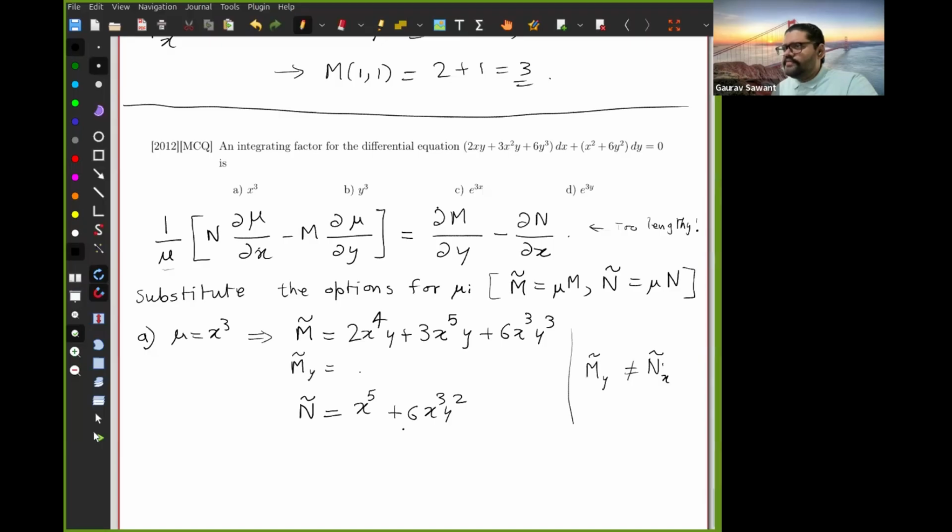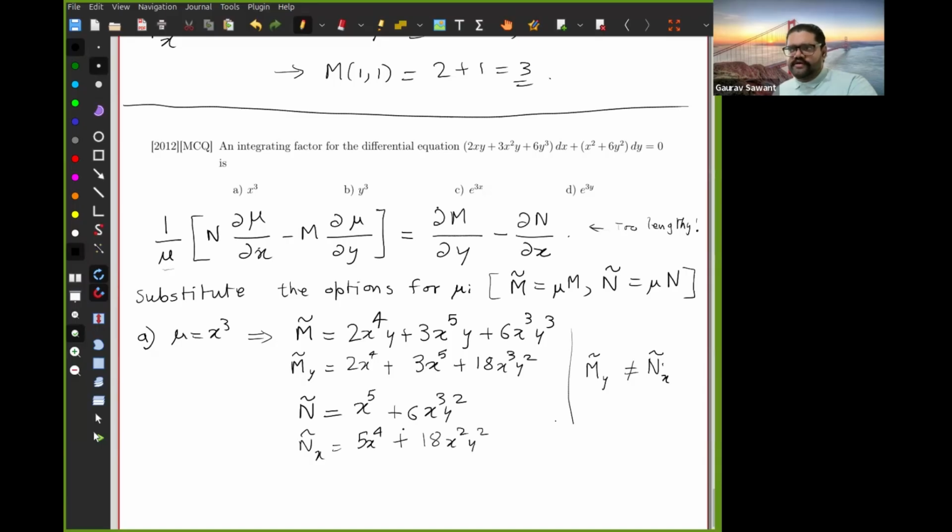M tilde y will be equal to 2x power 4 plus 3x plus 18 x cube y square, and N tilde x is 5x power 4 plus 18 x square y square.